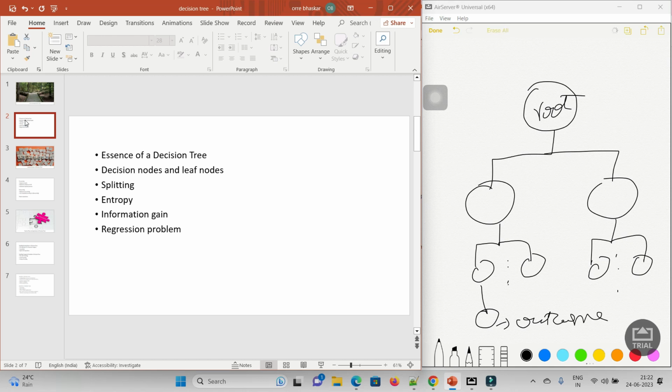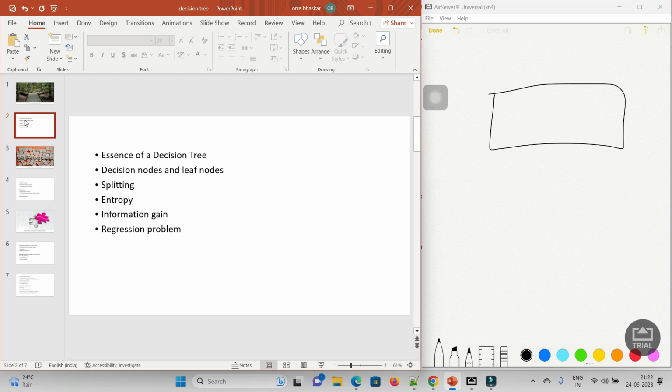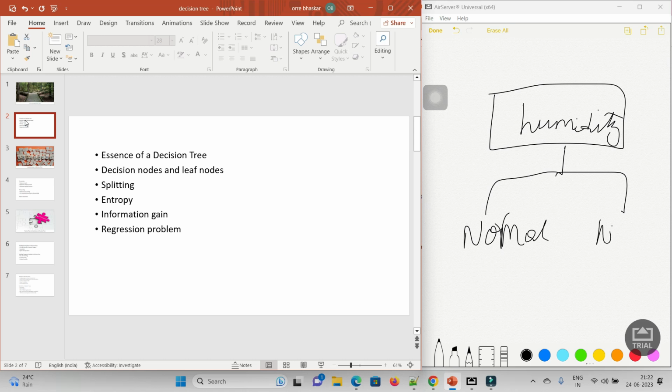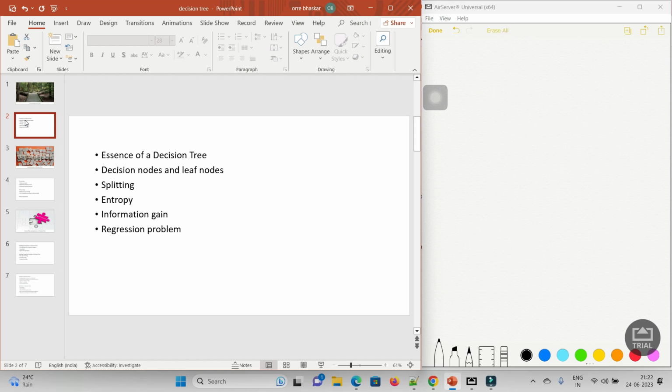That means if you have a node, humidity, just before the leaf node, it has two values, normal or high. This is our final outcome, and this is a decision node. So this is what a decision tree is.